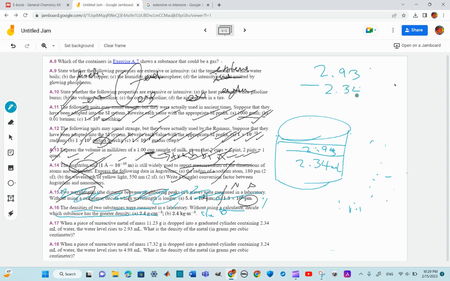2.93 minus 2.34, which is what's this? 8, 10, 6, 9, 5. We'll talk more about why I hate the new math milliliters. New math sucks. Anyway, what's the density of the metal, which, if I remember correctly, is multiplied by ml, which is equal to cm3.